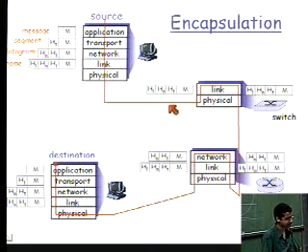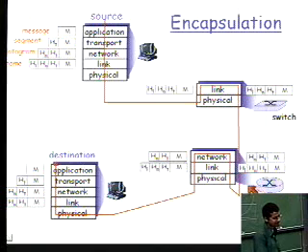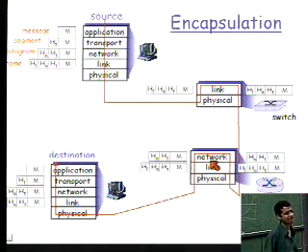So when this packet flows and goes to the first switch, it will only interpret what's happening at the link layer header. It gets this packet, strips off the link layer header, and then sends this datagram across to the next router. The router then implements physical layer, link layer, and network layer.